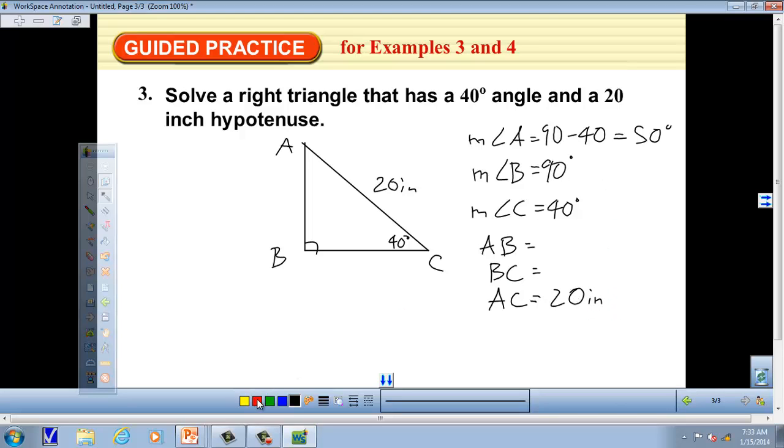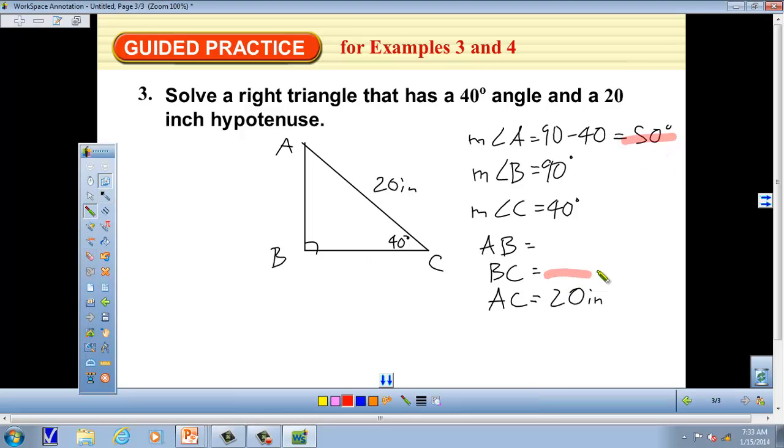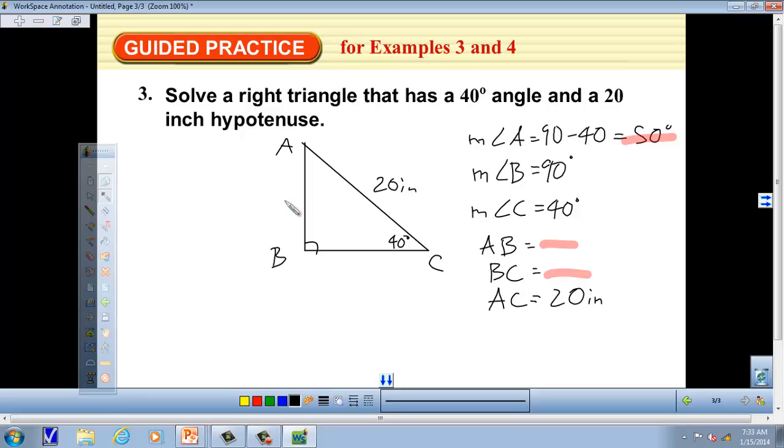So, things that we have figured out so far, we figured out that. We need to figure out this and this. Again, what I would do is label this X and label this Y. This time, if I do opposite over hypotenuse, that is sine. So I'm going to say sine of 40 degrees equals X over 20.